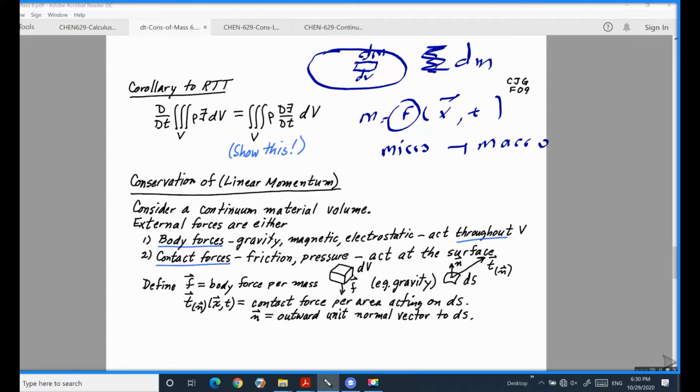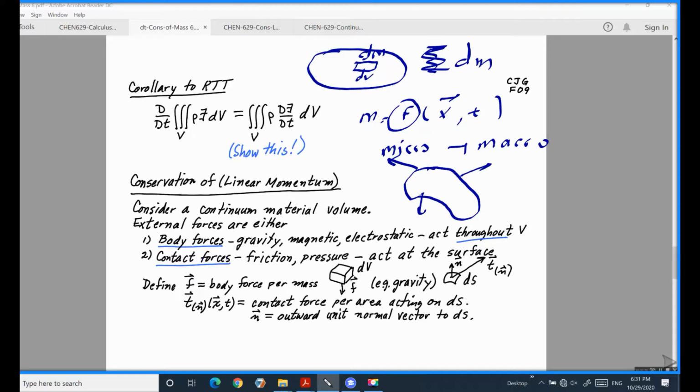So okay, let's consider any body like this, a control volume, control system. There are two types of forces that can act on this body. The first one is the external body forces, like gravity, and a magnetic or electrostatic field acting through the control volume like this or this.